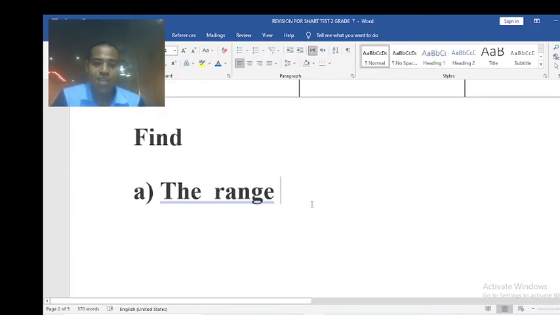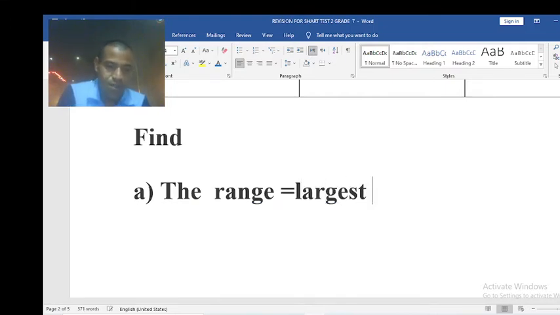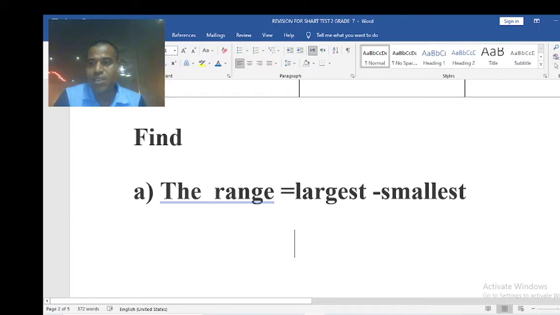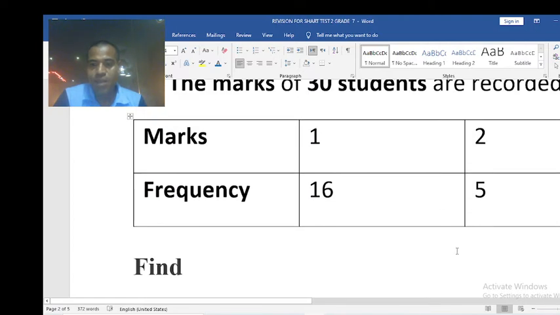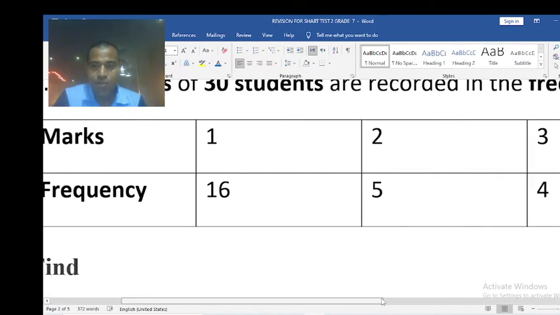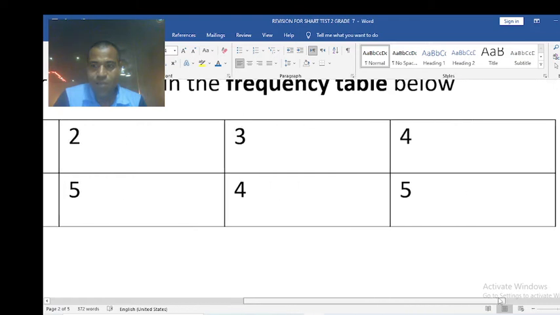The range, learners, is equal to what? Largest number minus smallest. Just go back to your frequency table. The largest number here, the last number, is 4.